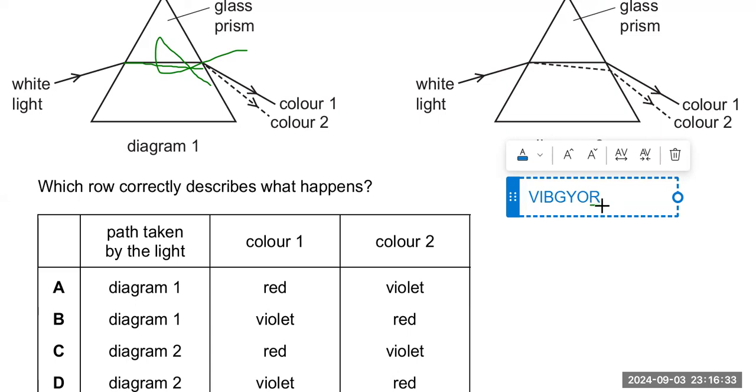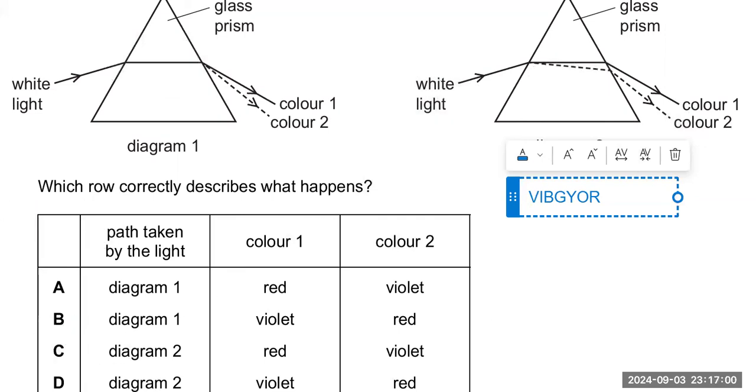Both are inversely related, and the wavelength of violet is small and it bends more. That is why it is a little bit on the bottom side of color 1. So your option will be C. You have to check the pattern and actual path in that region. Is it correct? Yes, it is correct.